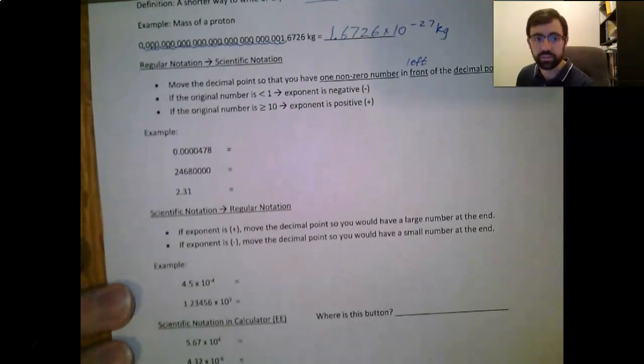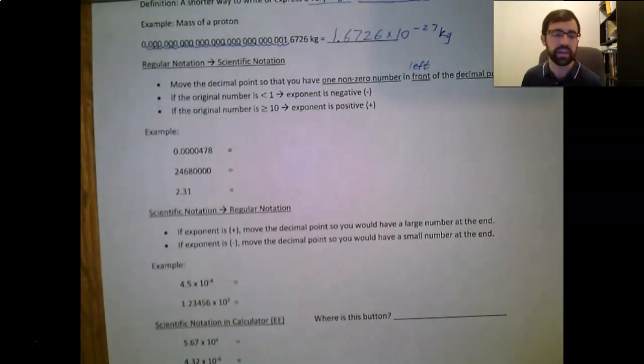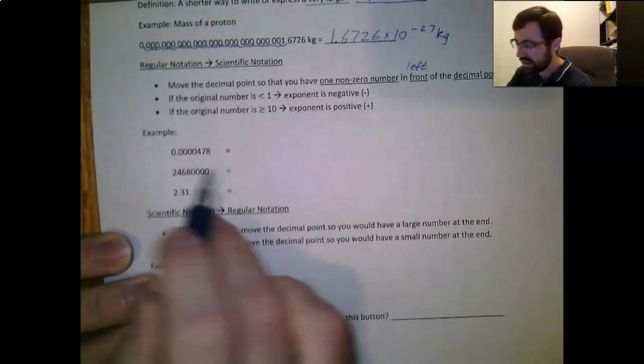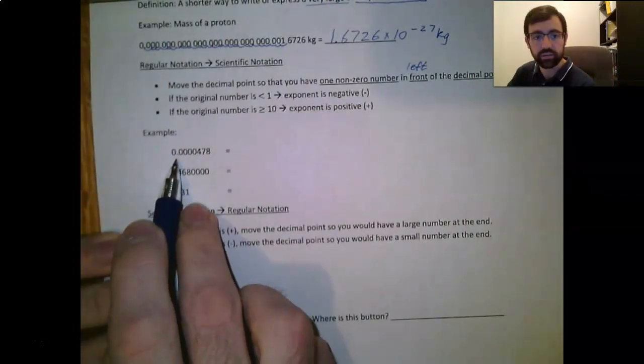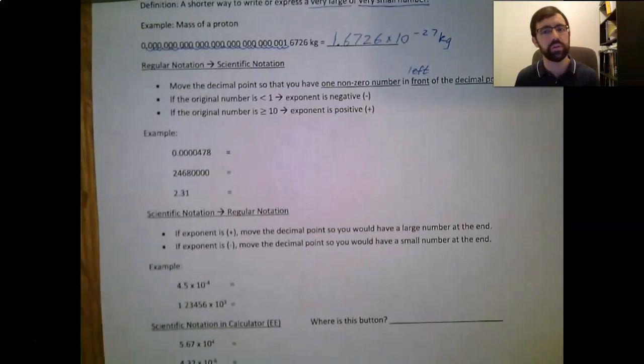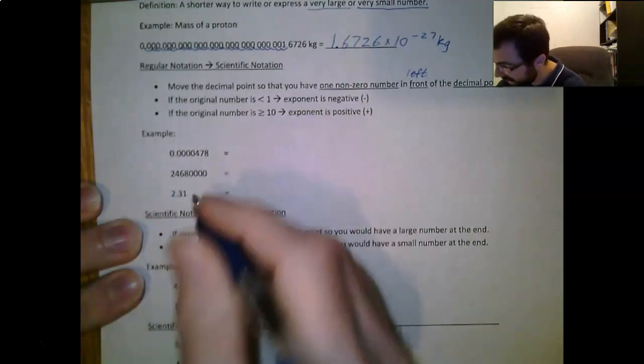Let's look at the example down here. Before we even get started, I would try to decide, is this going to be a negative or a positive exponent? Looking at this one, it's smaller than 1, so it's going to be a negative exponent. Now I just need to count how many spaces I have to move the decimal to get it right after the first non-zero. My first non-zero is 4, so I need to move the decimal right there.